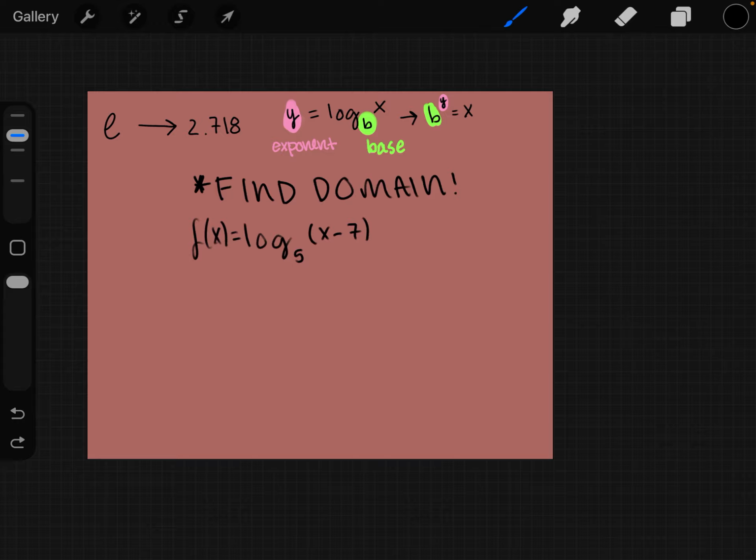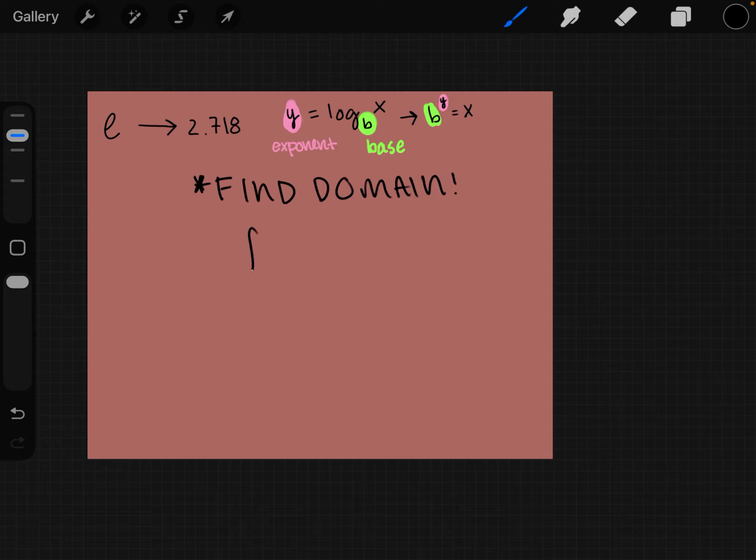You take the little guy on the end that's in the sky, and you make him greater than 0, and then you solve. So x has to be greater than 7. So if we wrote that in interval notation, that would be it. Pretty easy once you know what you're doing.